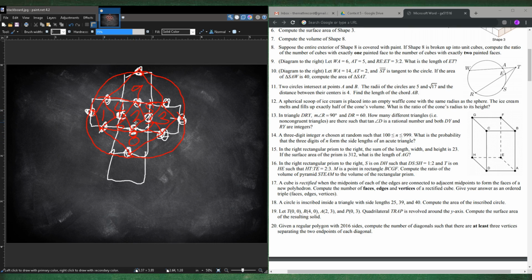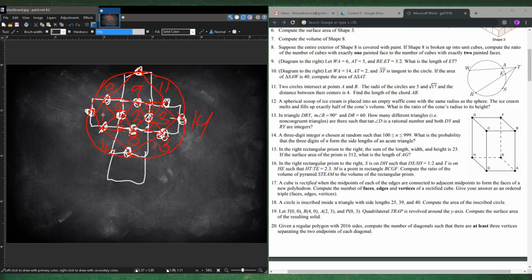Wait, 1, 2, 3, 4, 5, 6, 7, and 8, 9. This basically makes 10, 11, 12, and 13. And then, yeah, 13, because that's on the side. And then remember, there are ones on the bottom. So there's an extra one on the bottom. Then that makes 14. So there's 14 faces.